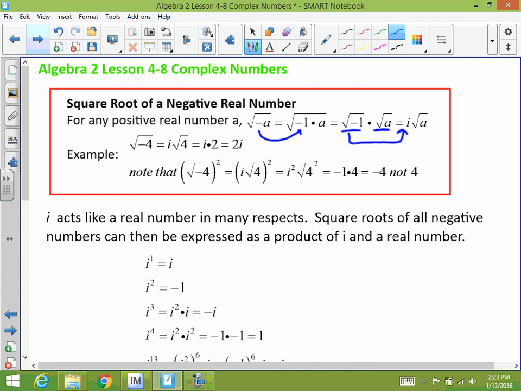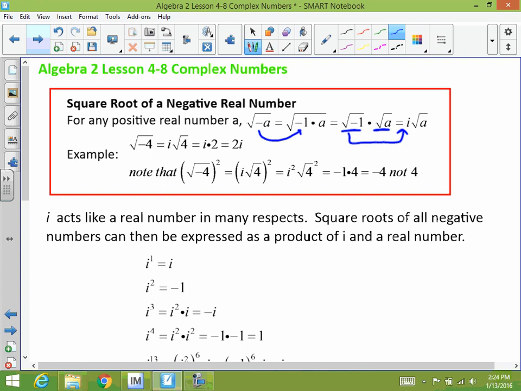For example, the square root of -4 is i times the square root of 4, because it's the square root of -1 times the square root of 4, and the square root of -1 is i. The square root of 4 is 2, so that would be i times 2, which becomes 2i. Note that the square root of -4 quantity squared is i times the square root of 4, squared, which is i squared times the square root of 4 squared, which makes it -1 times 4, which makes it -4, not 4.